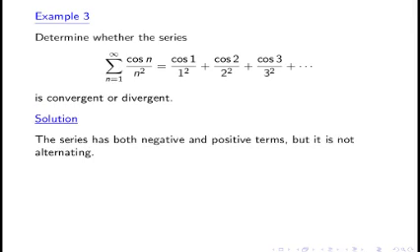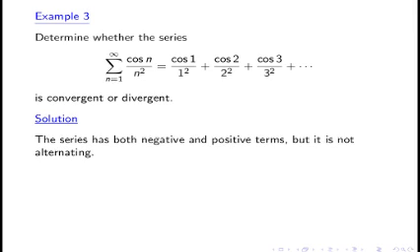When you do the calculation, you will find that the series has both negative and positive terms, but it's not an alternating series. For it to be alternating, the terms must be alternately negative and positive.